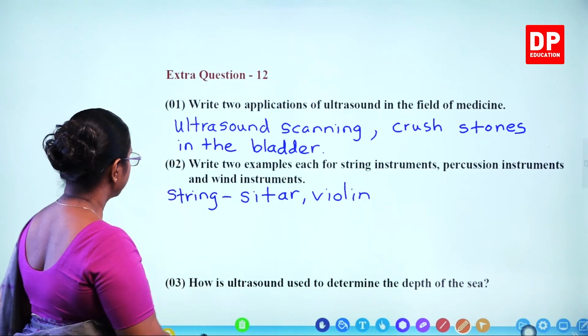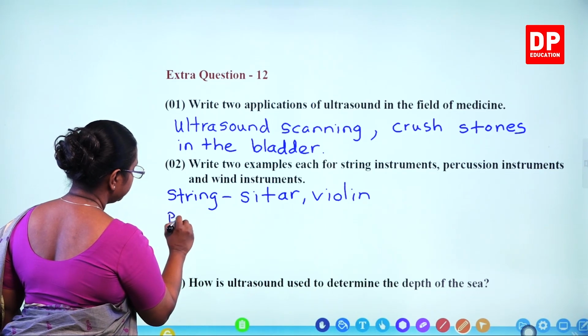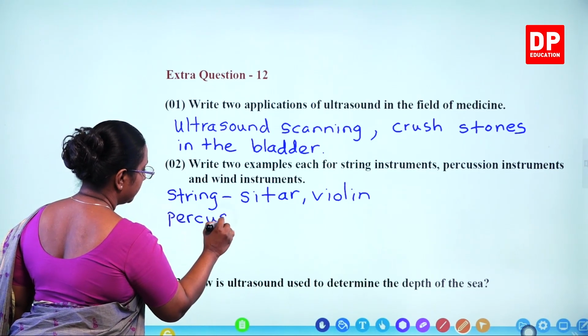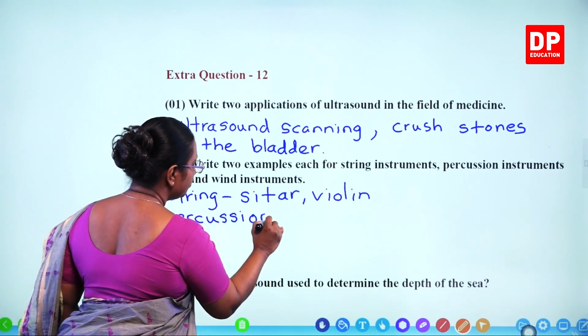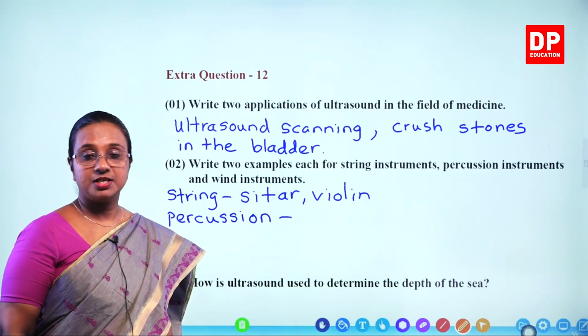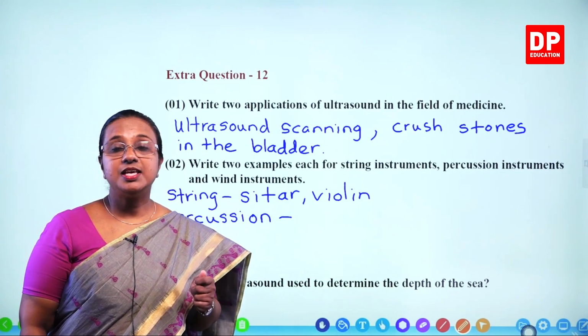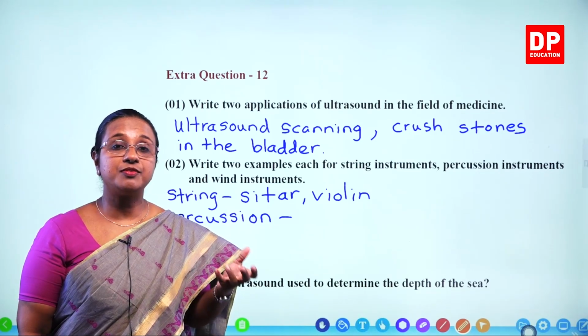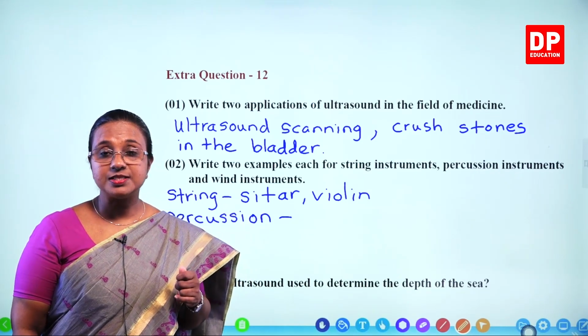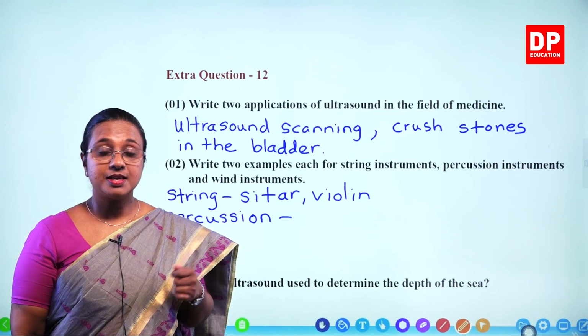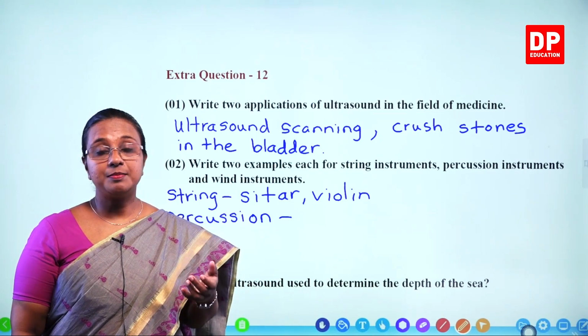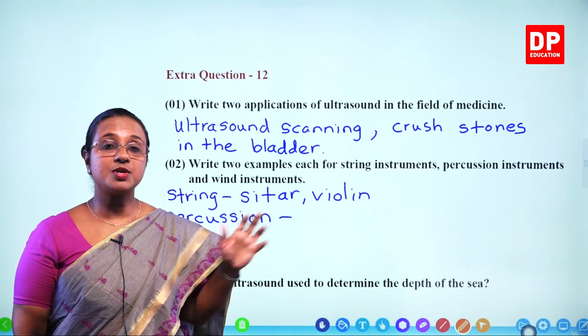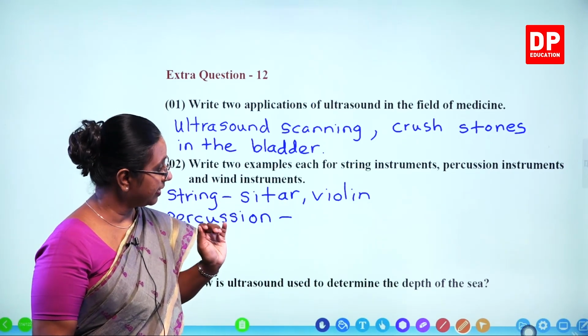Then percussion instruments. What are the percussion instruments? We have seen many types of drums or the instruments that use membranes. The rabana, tabla, the different types of drums, all those use membranes.